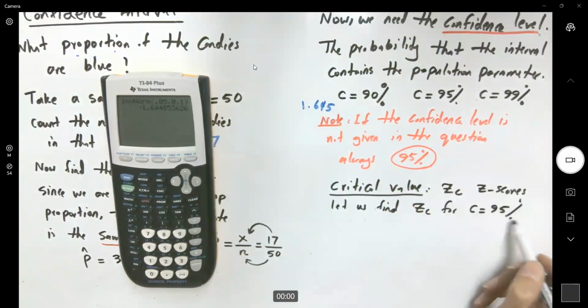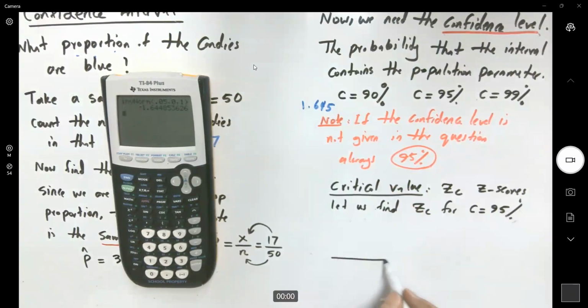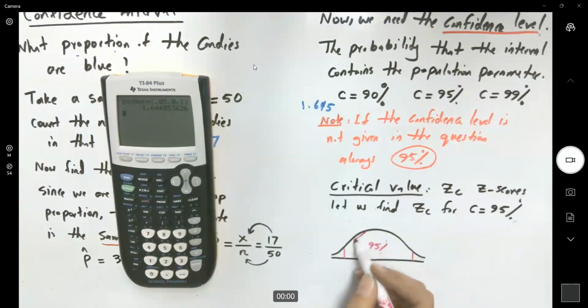First of all, what's the meaning of 95%? 95% is the area below the graph. This is my graph. This is my 95%. Let us shade this.